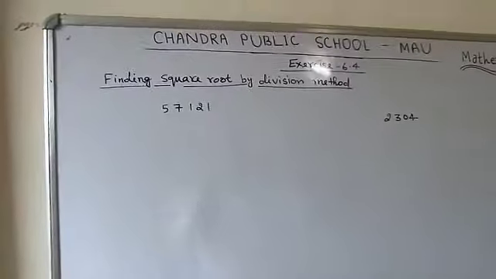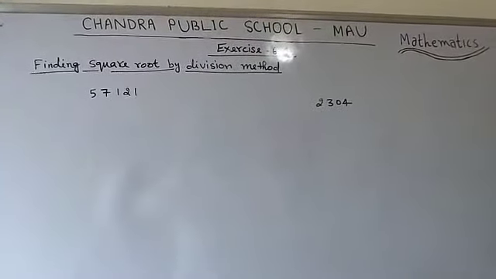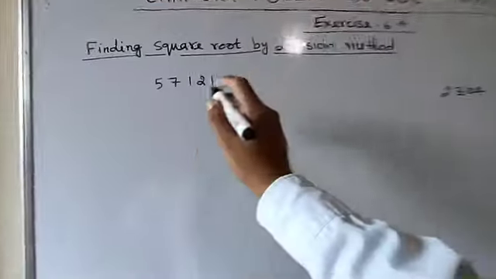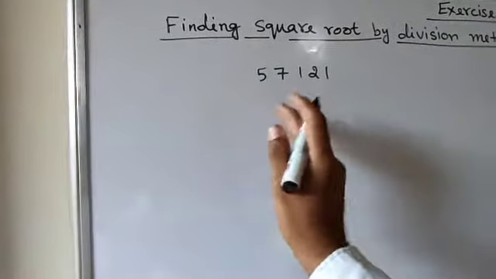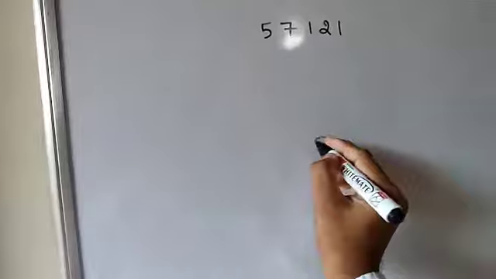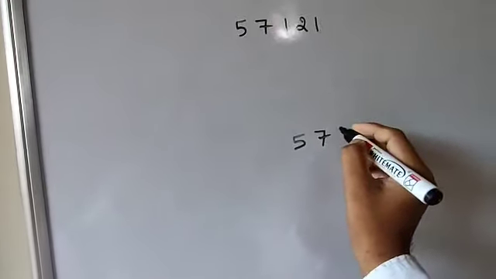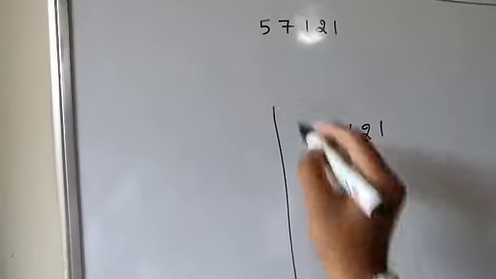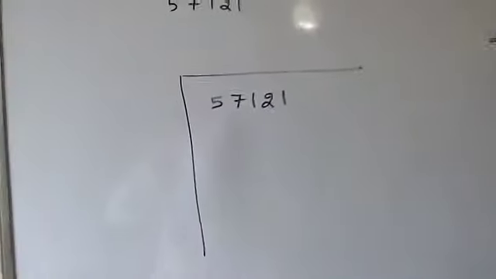The division method can be applied to any number easily. So, if you are going to find the square root of a number, suppose the number given is 57,121, you need to set it up like this.